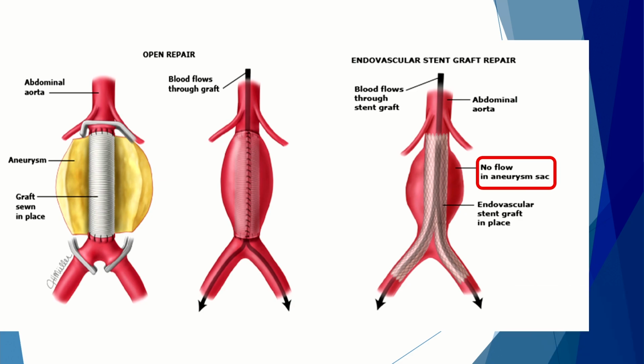So in this area here, infrarenal, this area is defined as the infrarenal neck, and you want an excellent seal there. And we talked about endoleaks before, and you want an excellent seal here, an excellent seal here, and exclude the aneurysm.